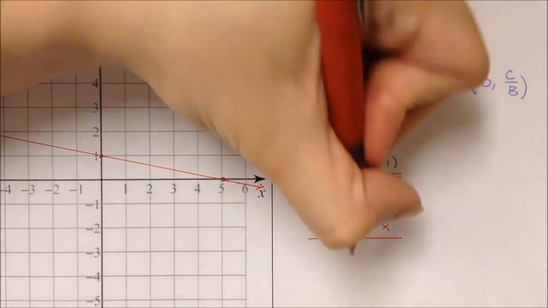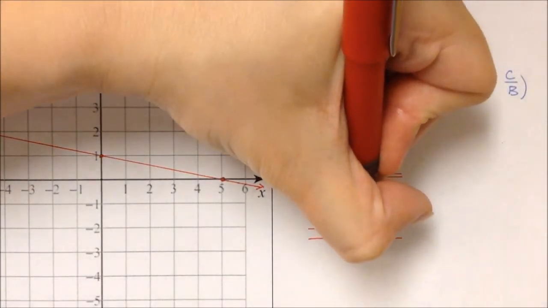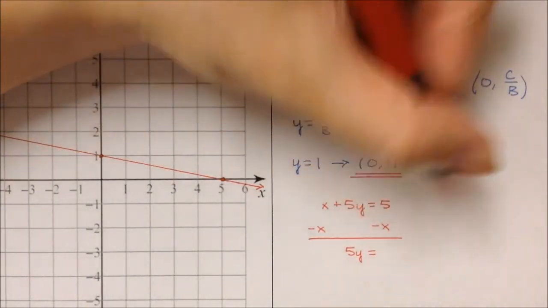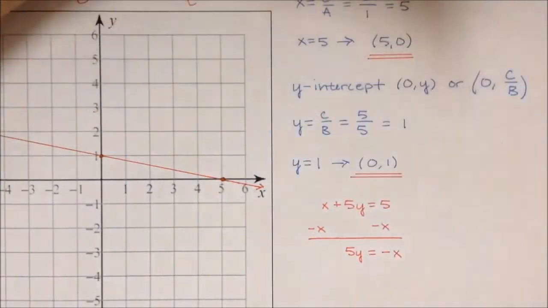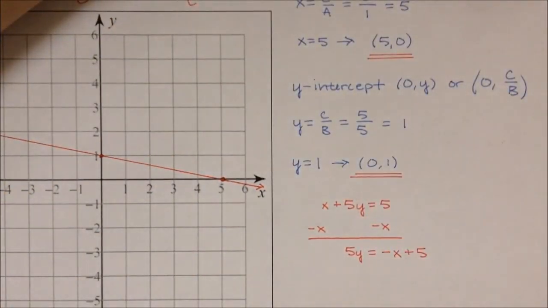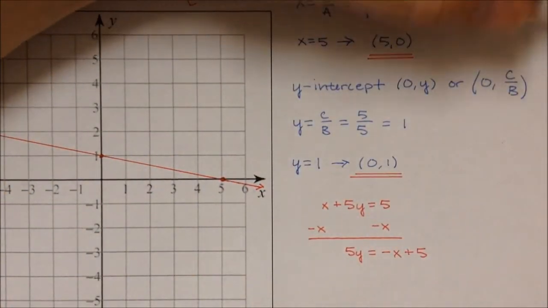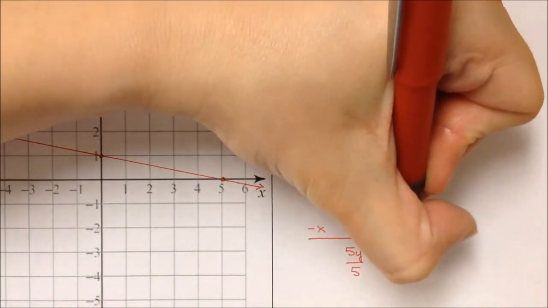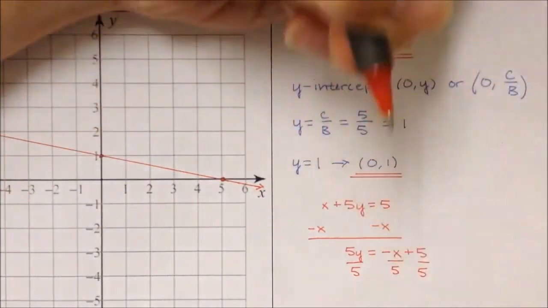So the x cancel out, and on the left side is just 5y equals number, variable, don't combine, so simply negative x plus 5. And if I want to get y by itself, I'm just going to divide everything by the number in front, so 5 divided by 5 divided by 5.